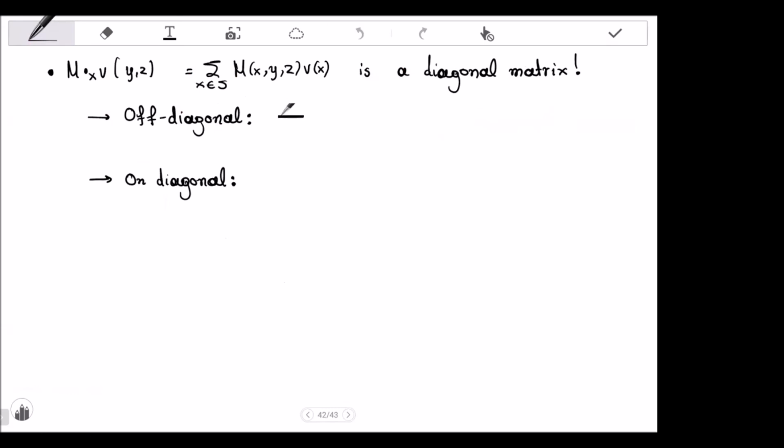So for A different from B as inputs, when I check at AB, I'm getting the sum of M of X, A, B, B of X. Now A and B are different, and M was diagonal, so all these are 0, and I'm getting 0. Off the diagonal, everything is 0, and therefore this is a diagonal matrix in 2 dimensions.